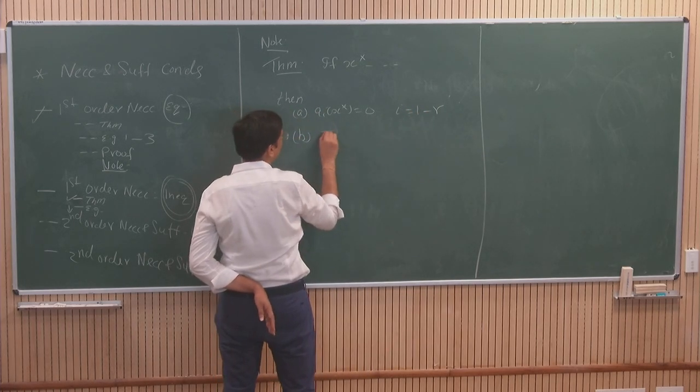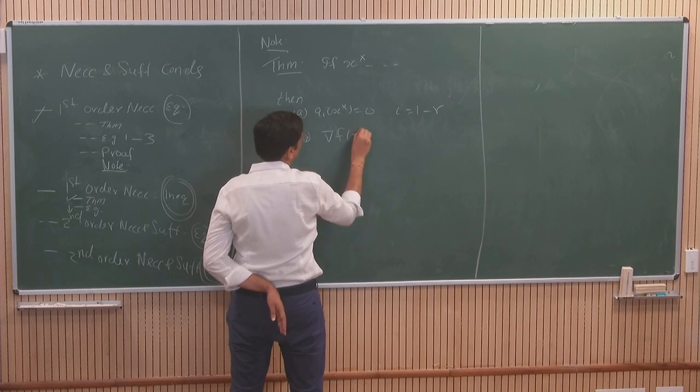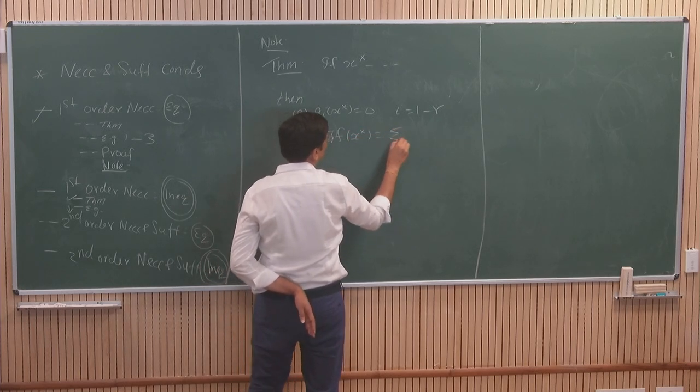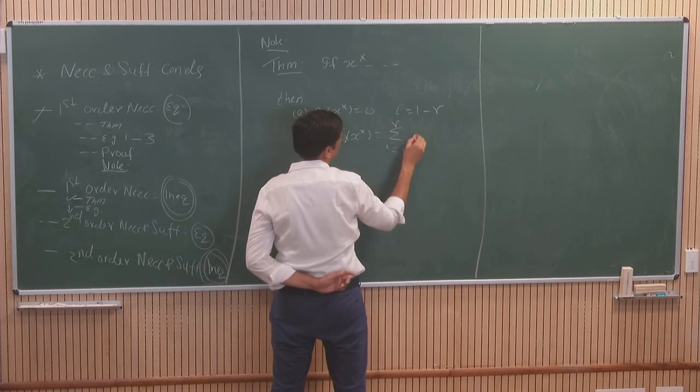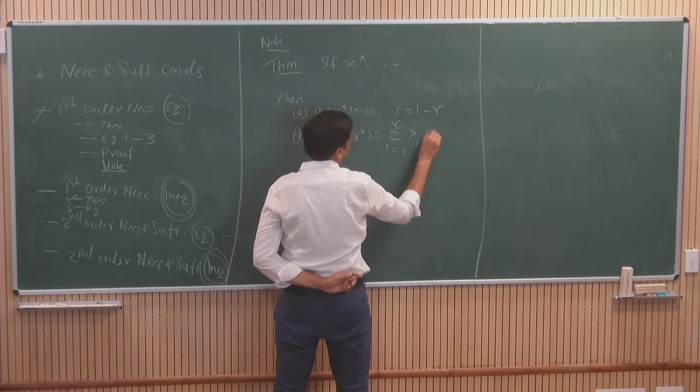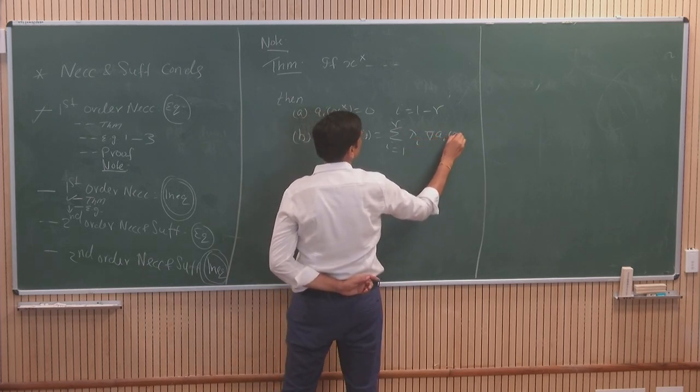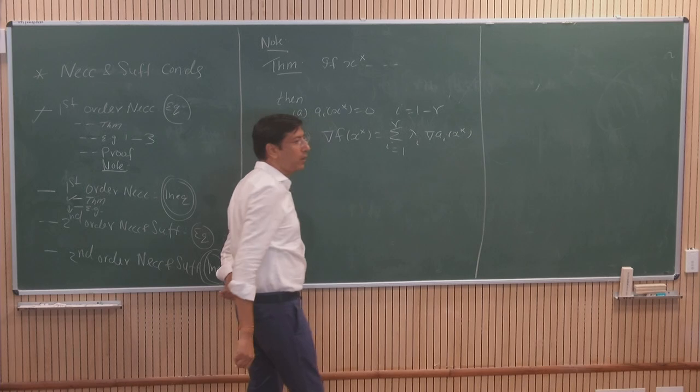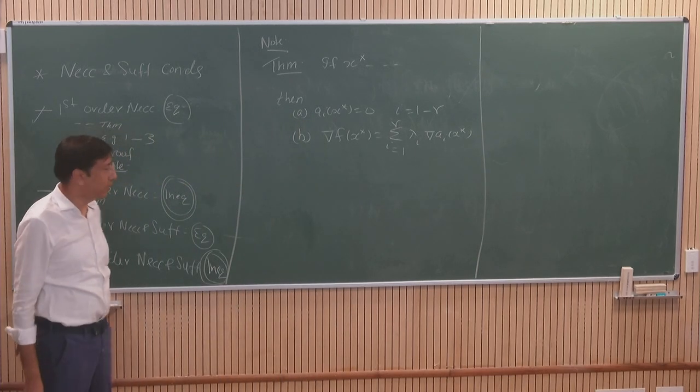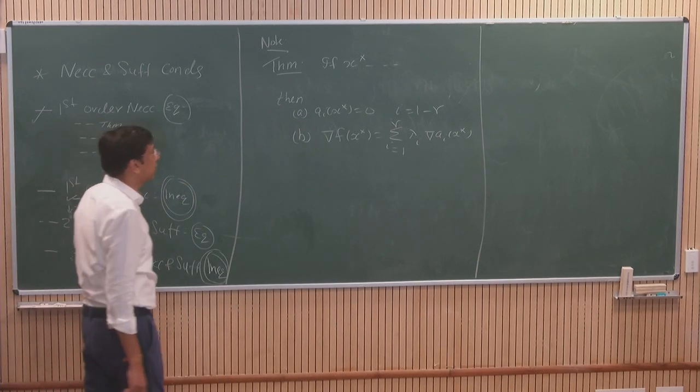And the second one we had written is that the gradient of f at x star is a linear combination of the gradients of the constraints. Correct? And we had done those 3 examples on them, and then we moved to the inequality constraint.